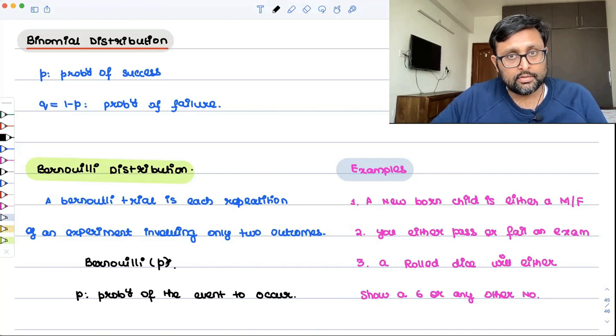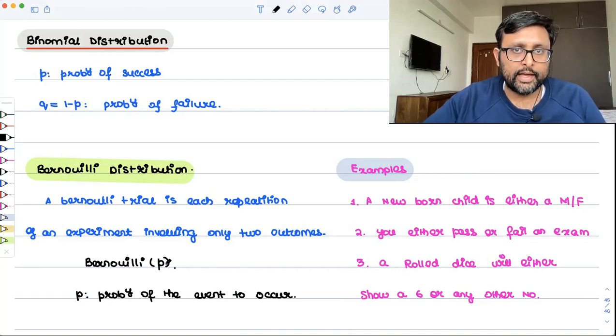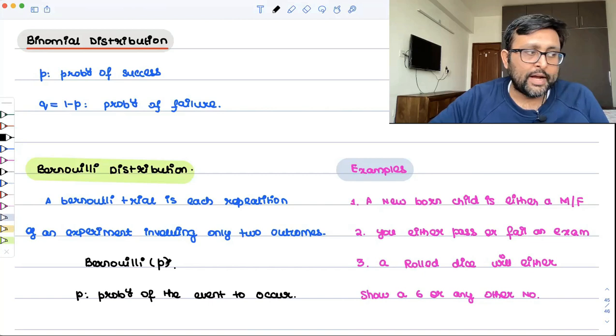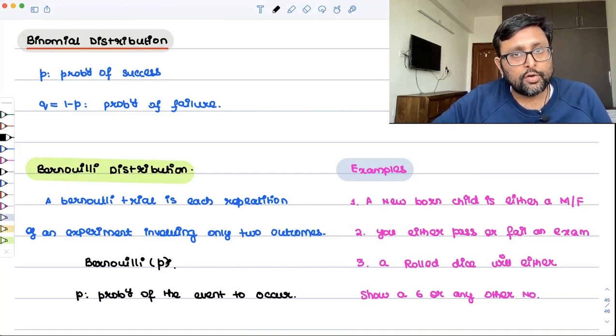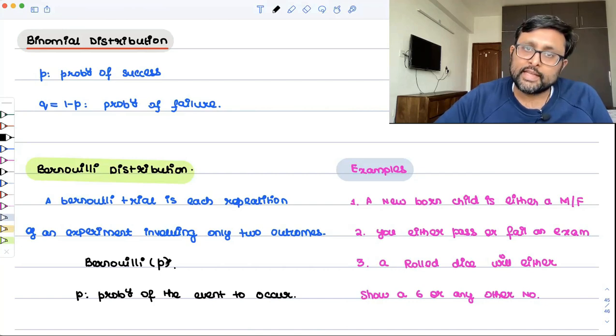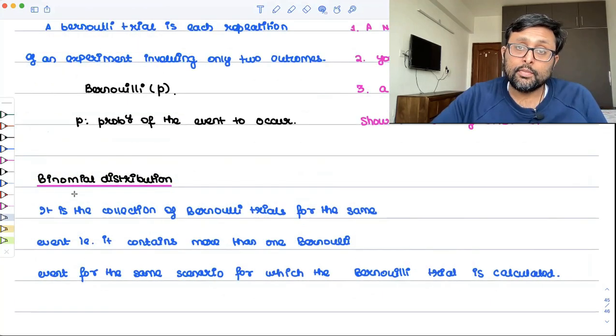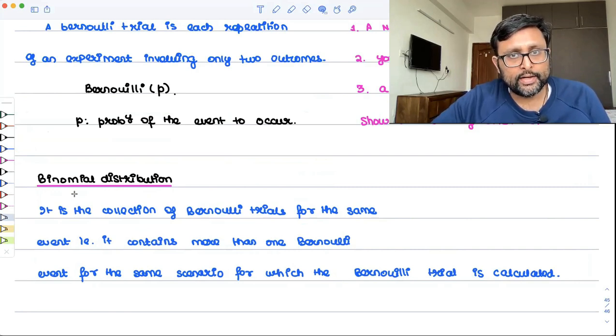So in the next trial, again, you're going to take up the unbiased coin. So a biased coin would be one which can increase the probability of getting, let's say, head. So binomial distribution is the collection of the Bernoulli trials for the same event. So it contains more than one Bernoulli event for the same scenario under which the Bernoulli trial is calculated.